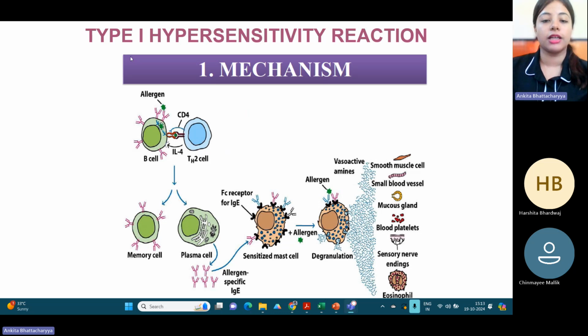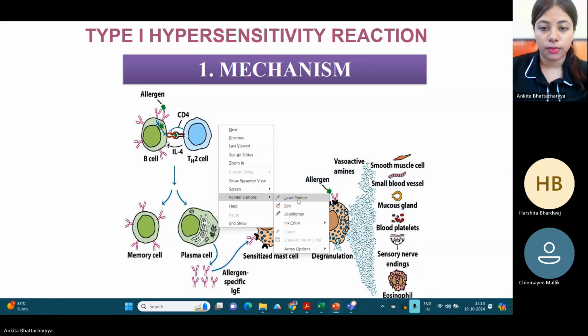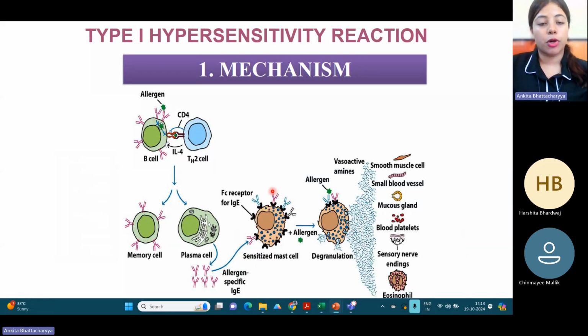In response to that allergen being recognized by the immune system, mast cells were sensitized, degranulation was stimulated, and vasoactive amines were released. As a result, we could see downstream reactions, which altogether comprehensively manifested the type 1 response.